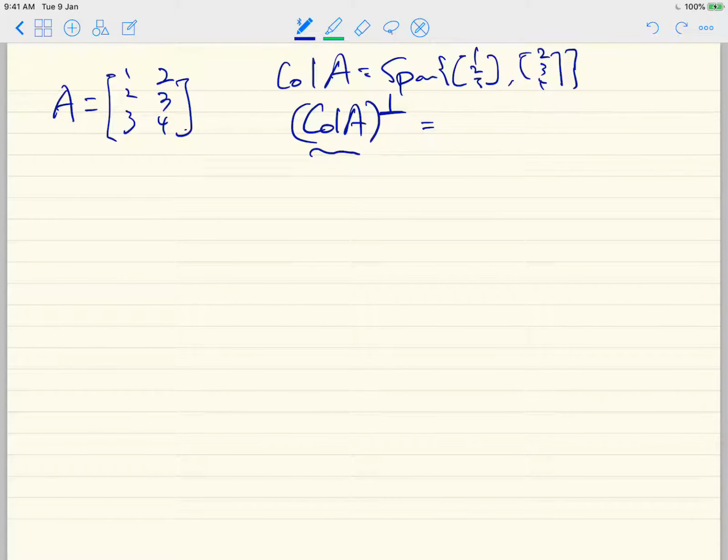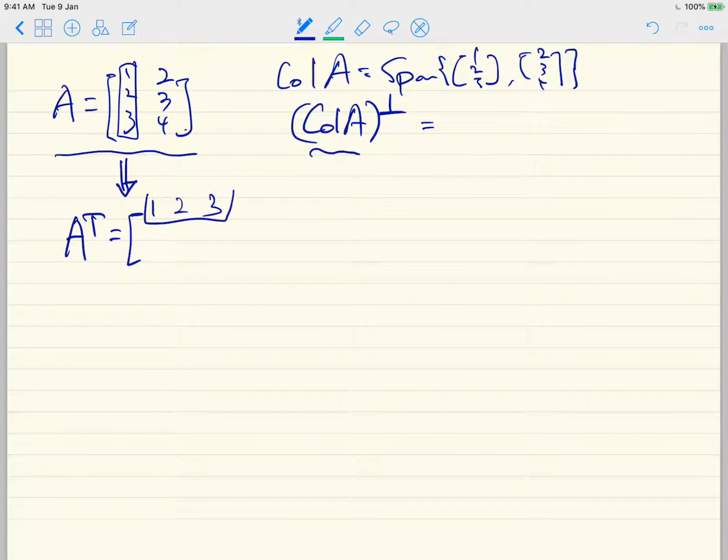And in order to rewrite this relationship in another way, let me show a simple trick. Let's consider A transpose. A transpose now includes the rows as the columns of A, right? Previously our columns have now become rows in A transpose, so it's obvious, right? And then what about the null space of A transpose?